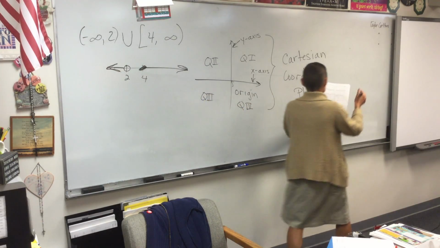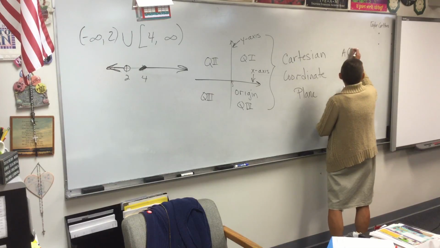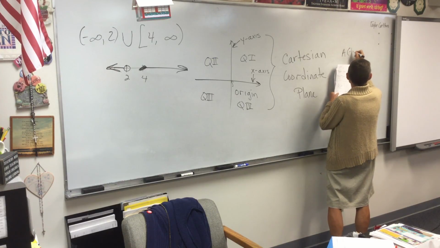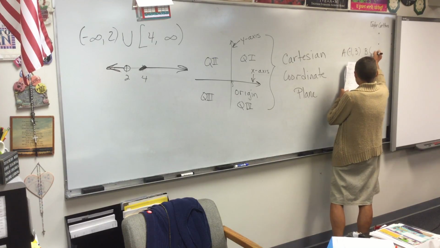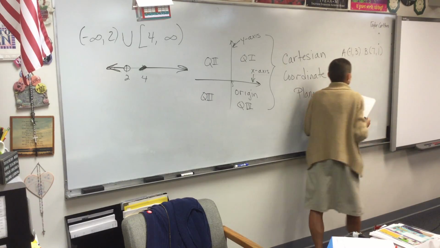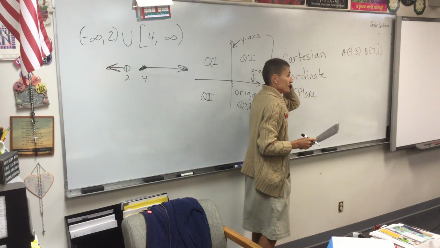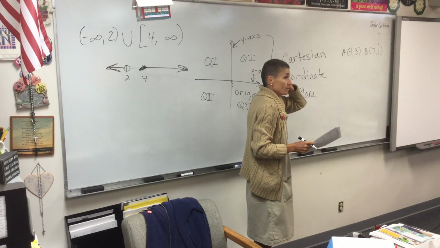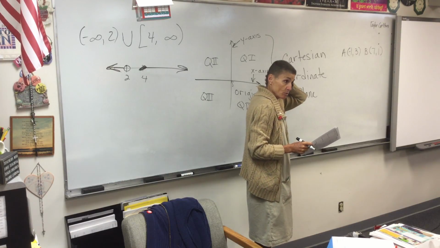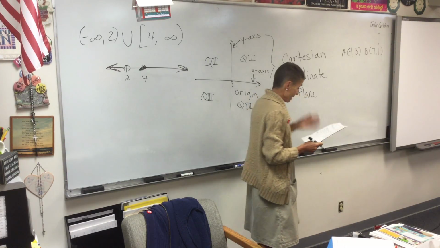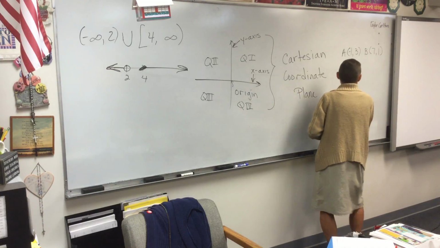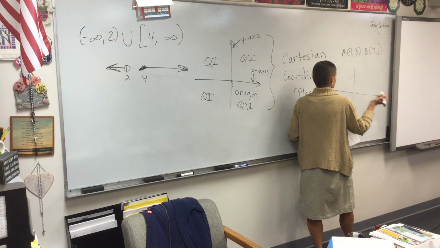Oh boy. Does anybody have any idea what you are being asked to do in this next problem? Could we plot those 2 points? Yeah. You don't necessarily have to, but just for practice to make sure everybody knows.